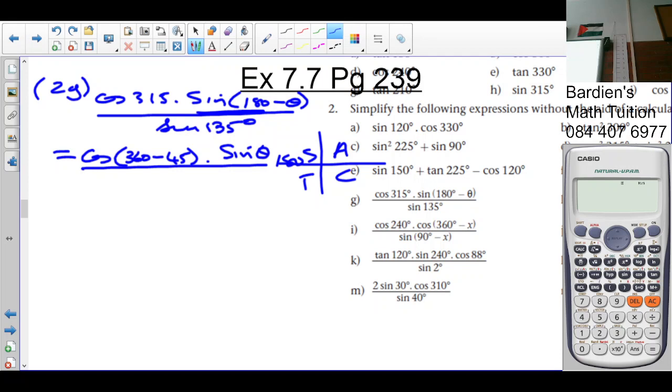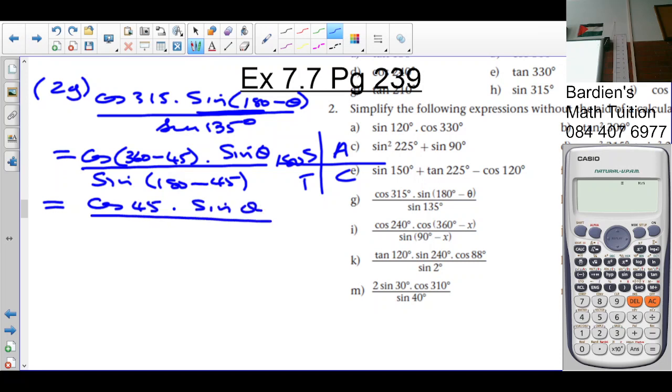135, which quadrant? Second quadrant. So it's going to be sine of 180 minus 45. The 360 minus 45 is in the fourth quadrant, cos is positive. Cos 45 times sine theta over sine 45.